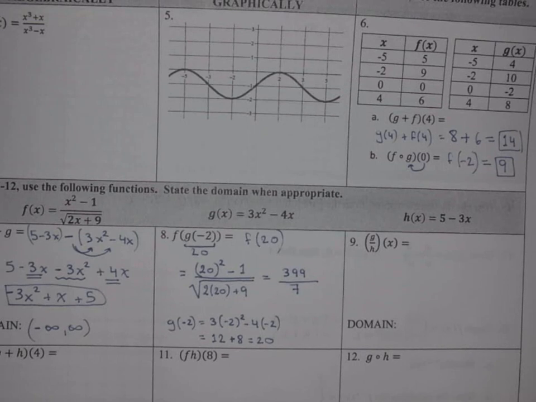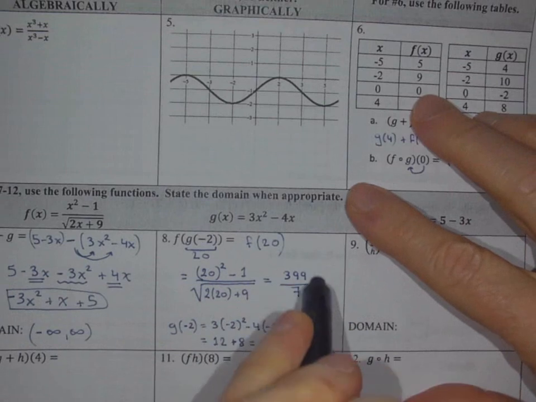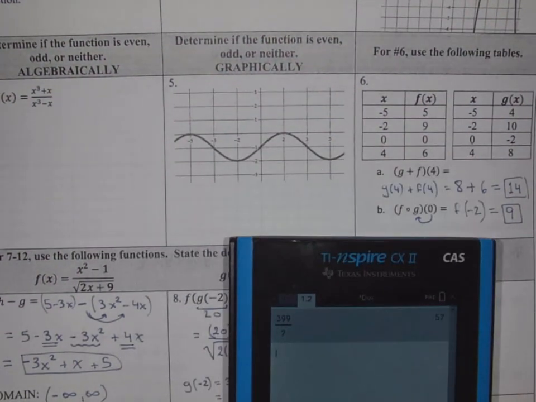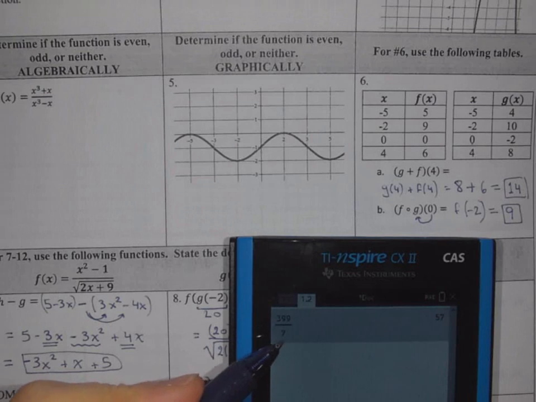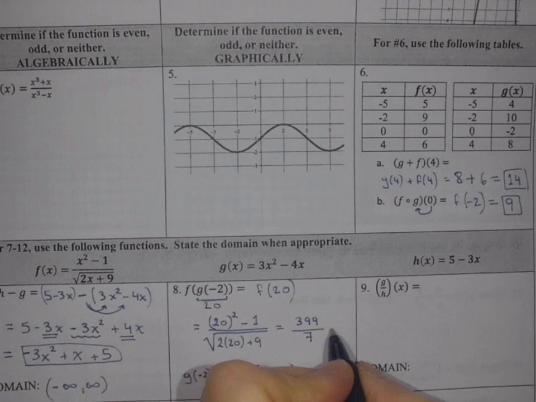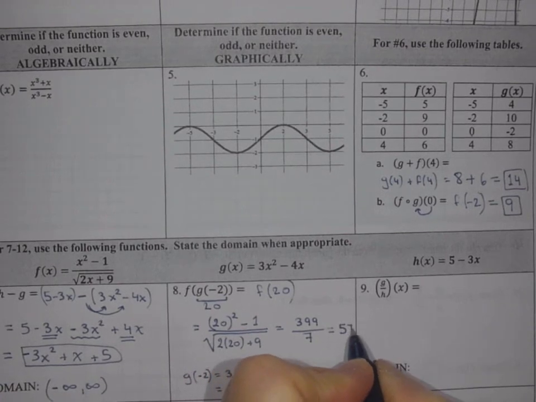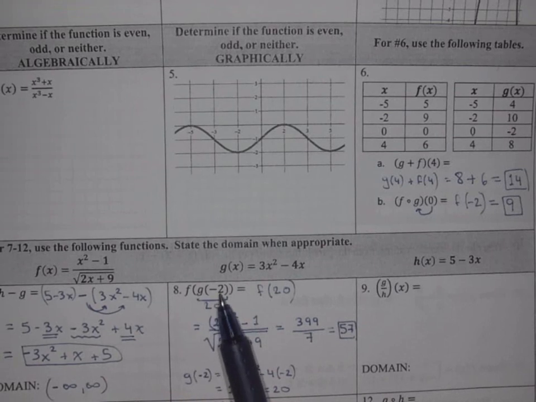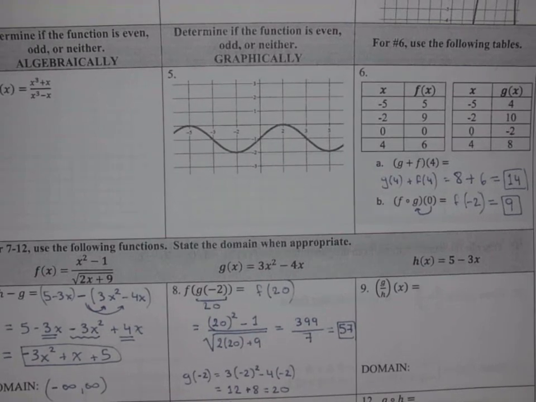So we'll have 399 over 7. Okay, so I'll show you that in my calculator here. 399 divided by 7, right? And I get 57. And so that will just be equal to 57. So f of g of negative 2 is equal to 57.